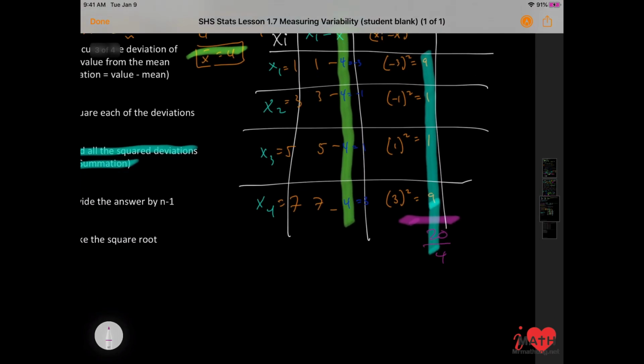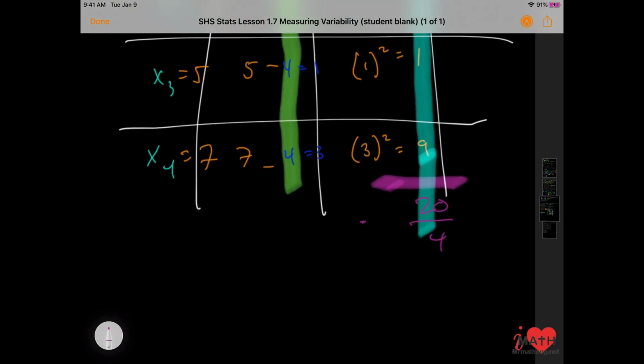So let's write out the formula, see what we've done so far. You've taken the values in the list and we found the mean and you subtract it by the mean. And then we took all those values and we squared them. And then you divided it by n minus 1.